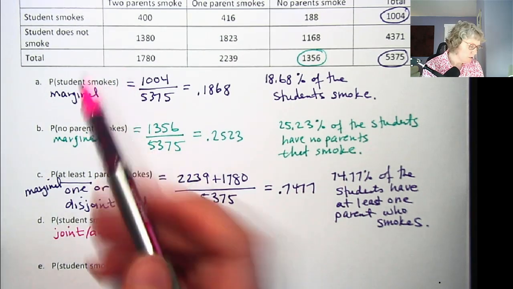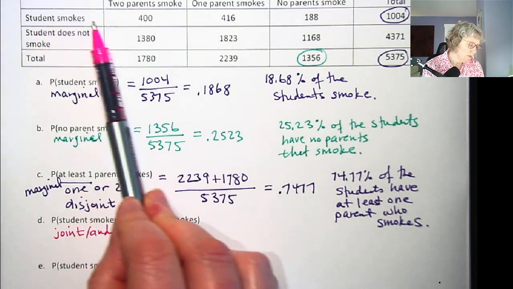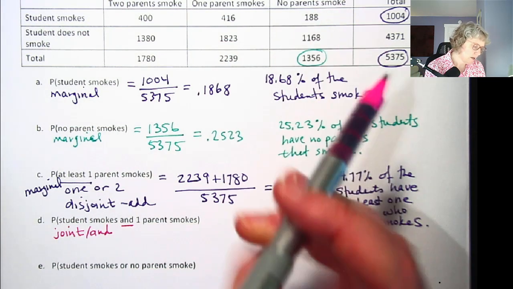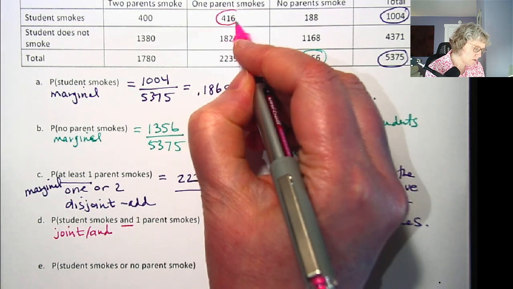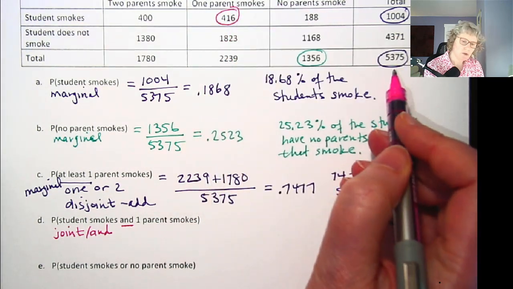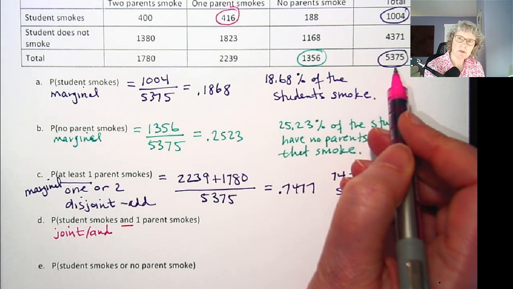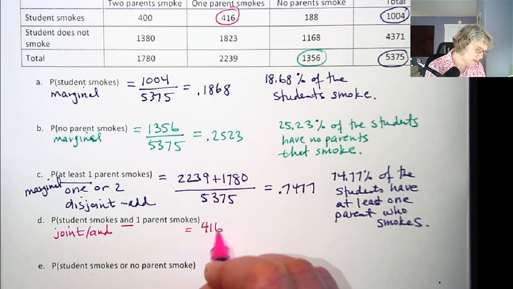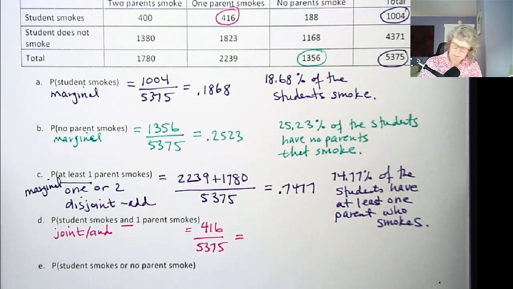So student smokes is our first row, and we're going to go across until we get to 1 parent smoking. The intersection there is 416 out of our grand total of 5,375.